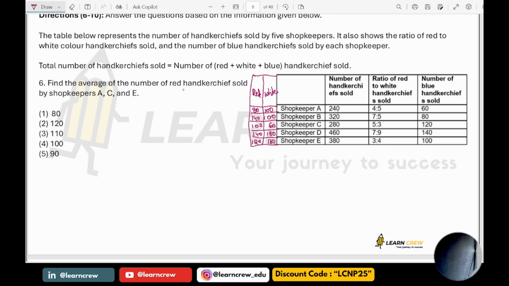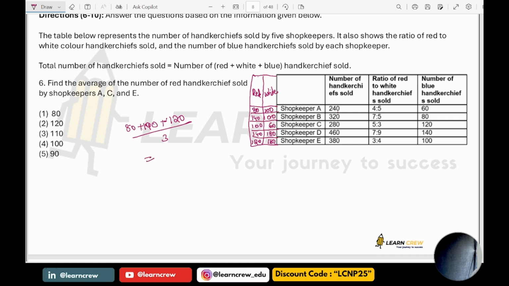Now find the average number of red handkerchiefs sold by shopkeepers A, C and E. A, it is 80. C, it is 100. And E, it is 120. Divided by 3.